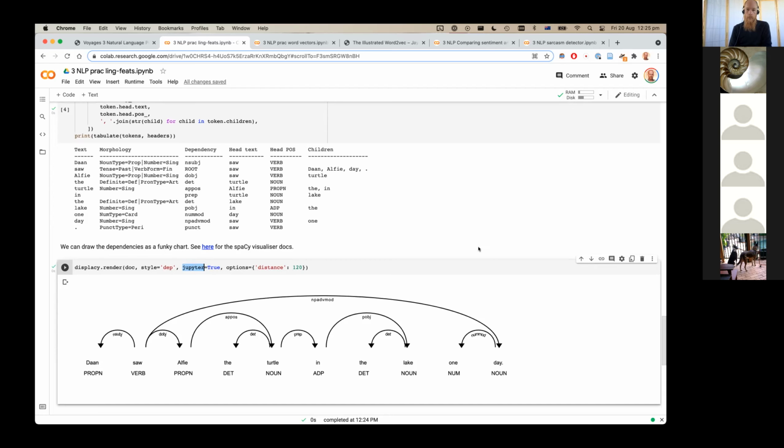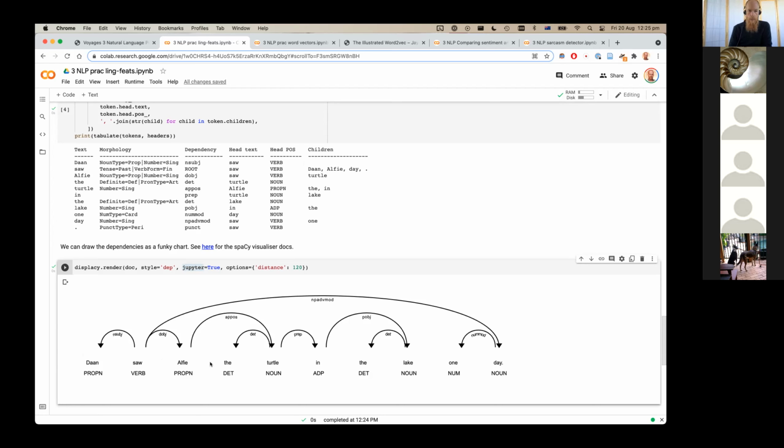So now that we have the visualization, it makes it a lot easier to see what the dependencies are. We see that this saw verb, like in the chart here, has children Dan, Alfie, Day, and full stop. So there's one of them, and then we have another here, Alfie, and Day is all the way over here, and there's a full stop dependency somewhere at the end.